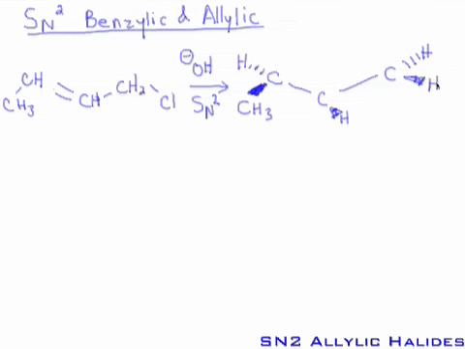So there they are. And I'm going to draw in the 2p orbitals in red, even with my limited artistry. So these are 2p orbitals. This one, of course, is our pi bond, the pi component of the double bond.